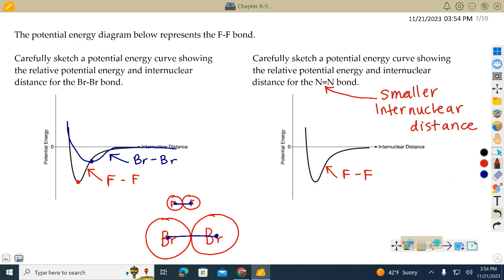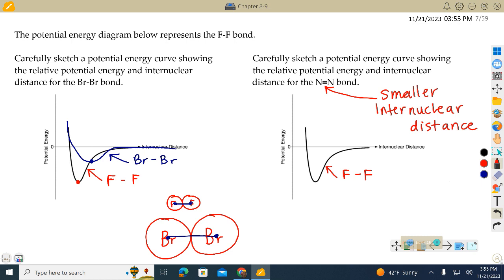Now the distance is really about the fact that this is a triple versus a single. And these are, again, atoms that are in the same energy level, so their initial radius is pretty similar. Whereas in the first one, I've got two atoms that have very different radii, but the same kind of bond. They're both singles.